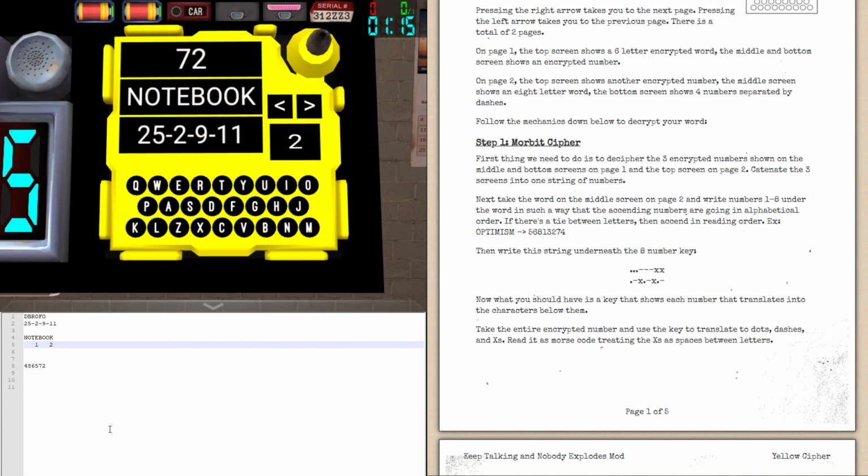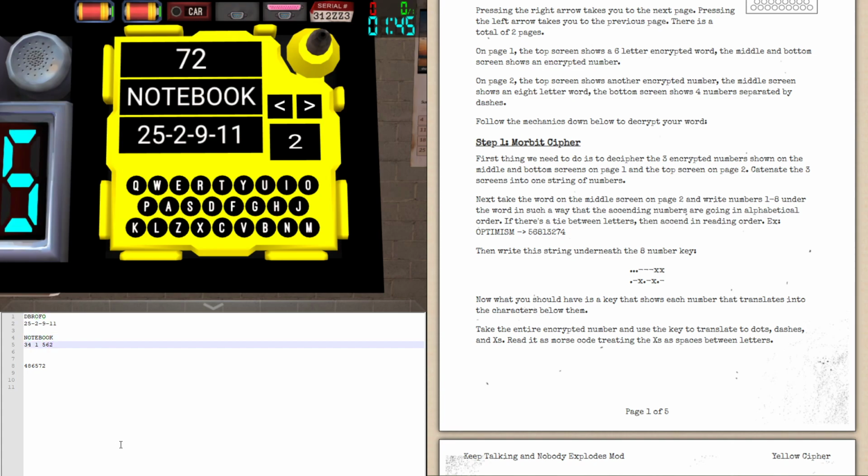And then let's see, A, B, C, D, E, F, G, H, I, J, K, L, M, N. There's an N there, and then O. Now there are multiple O's in this keyword. So what I'm going to do is give the first O in reading order the next number, then the next O, and then the next O. So basically this O gets the 4, then this O gets the 5, then this O gets the 6.